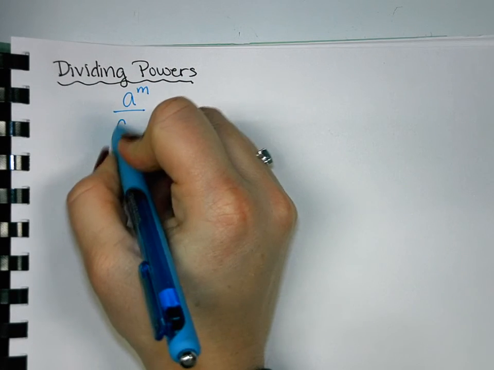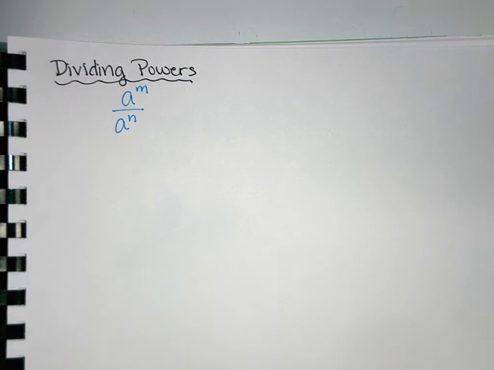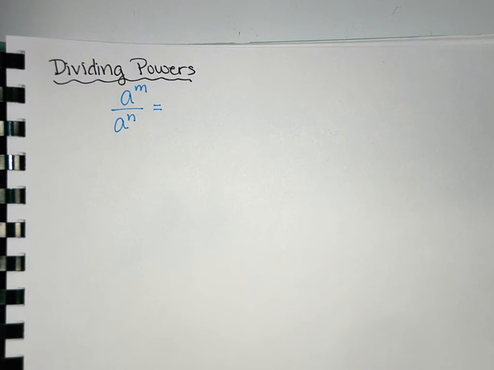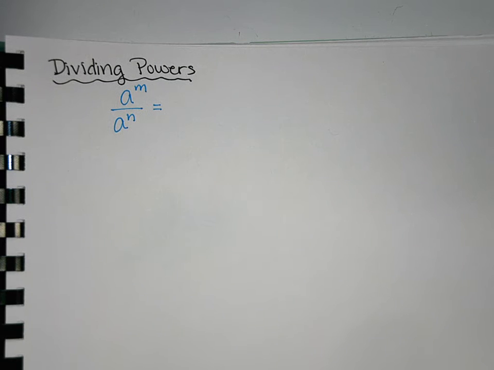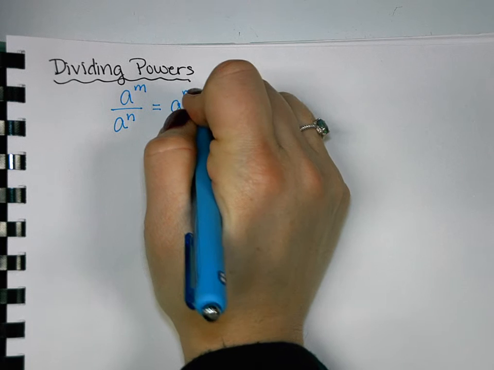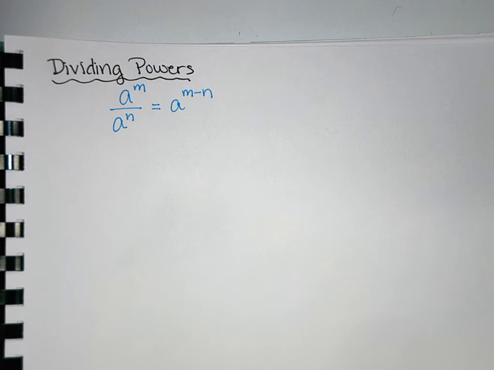Looks like a to the m divided by a to the n. How do we combine those? I think you subtract. You do. So we'll have a to the m minus n, and it does matter. It has to be the top exponent minus the bottom one.